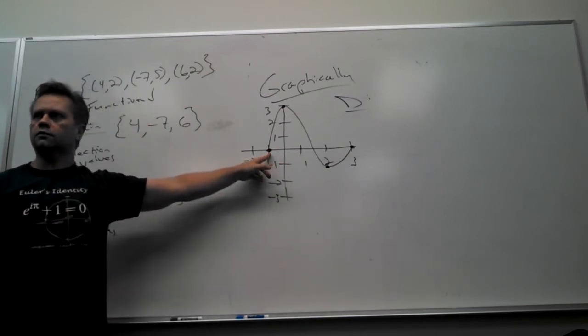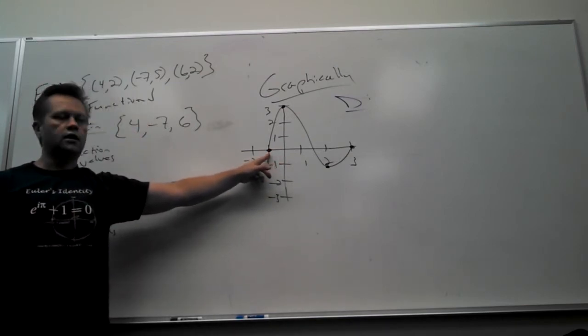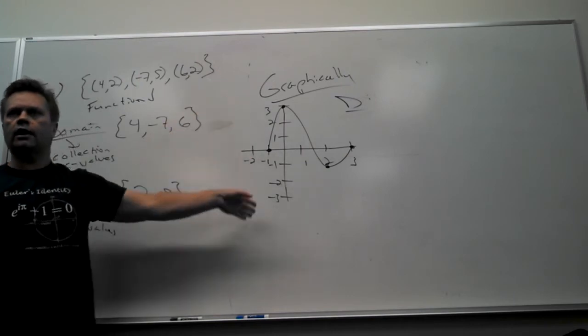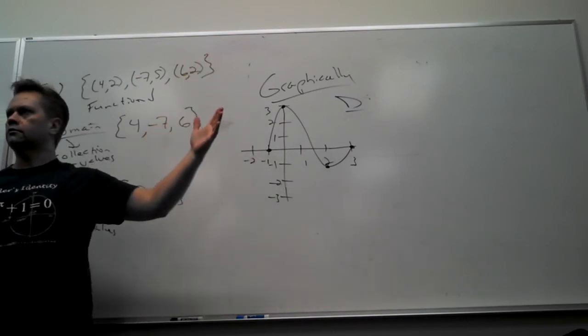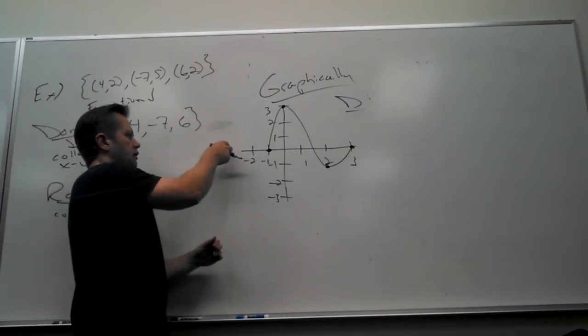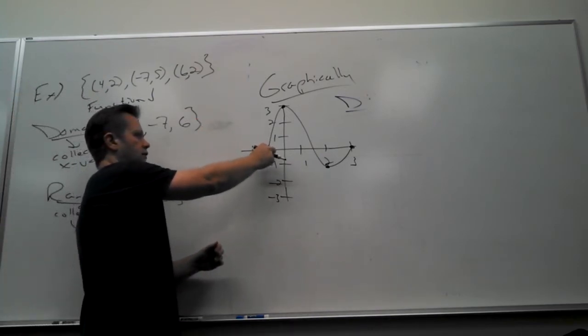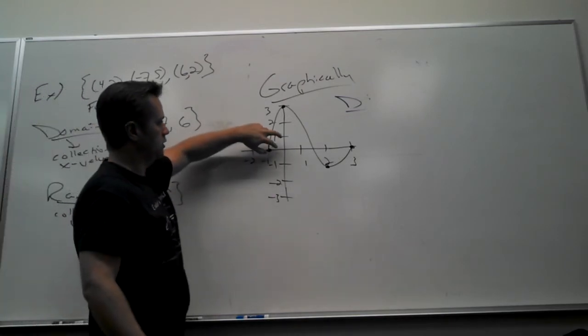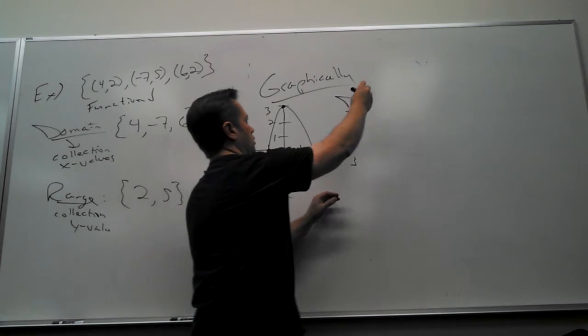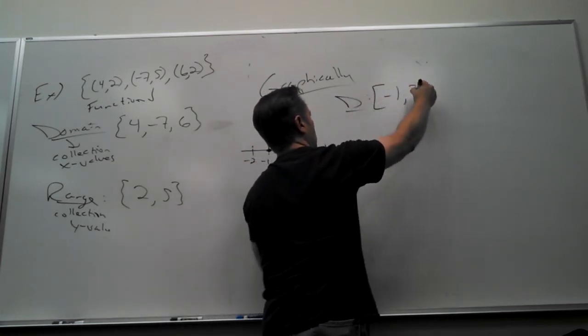That's where the domain starts. Is there any x value below that that actually has an output? No. Am I allowed to use -2? No, it's not defined, right? I always say, have a little dude walking on the x-axis, and the first place he sees it is the start of the domain. What's the last place the little dude would see it? 3. So the domain goes from -1 to 3.